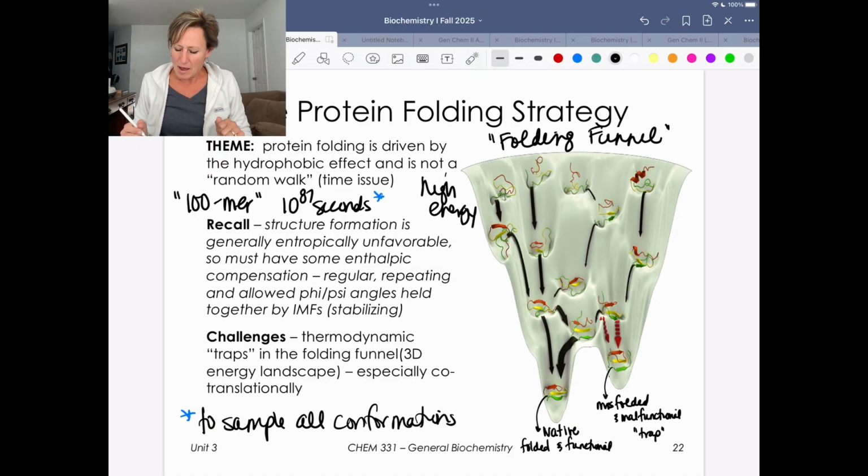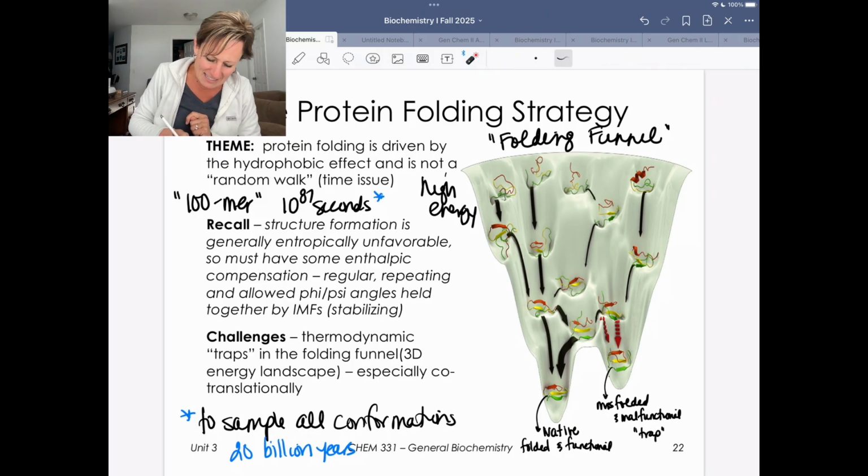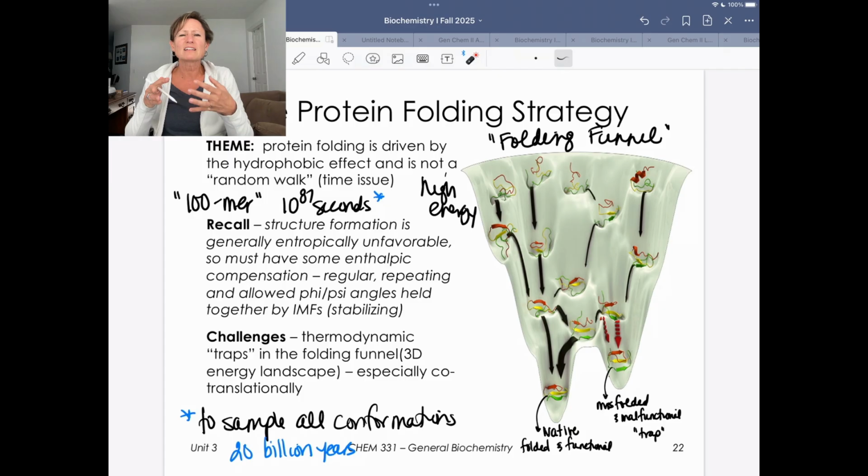And that isn't even possible, because 10 to the 87th seconds is 20 billion years. That's 4 to 5 times the age of the universe. So we don't even have enough time to sample all possible conformations. So the point is it's not a random walk. It doesn't sample all possibilities. It basically follows a folding path or pattern.